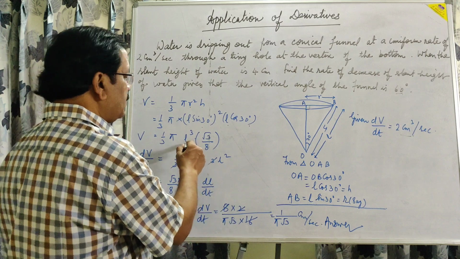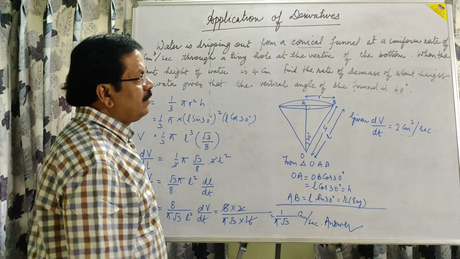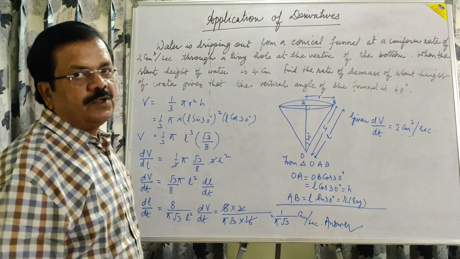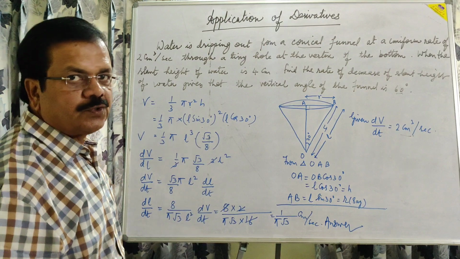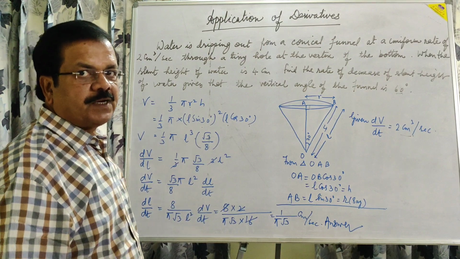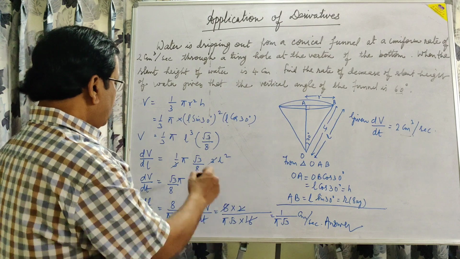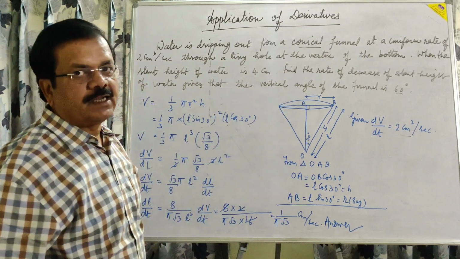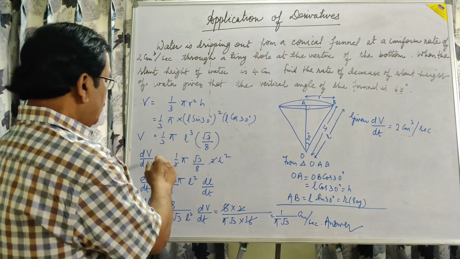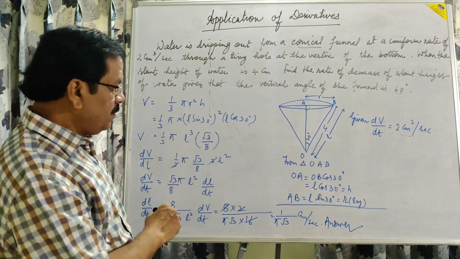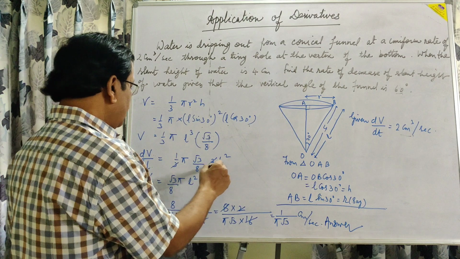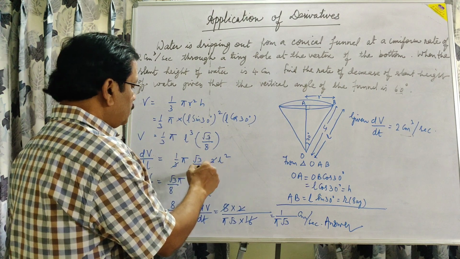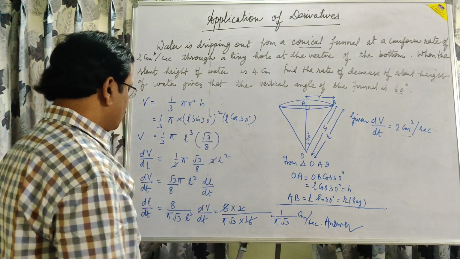Now differentiating with respect to L, because in all the questions we try to keep two variables so that we can differentiate with respect to another variable. Volume is changing, and we have to find the rate of decrease of slant height, and that is why we differentiate dV by dL, and we get 1 by 3 pi root 3 by 8 into 3L square.